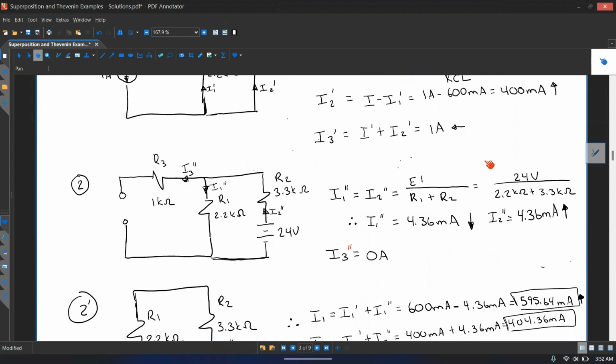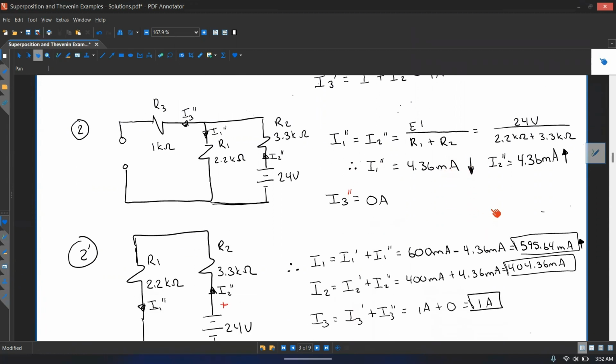Okay. And I1 double prime is 4.36 milliamps flowing down. So therefore, we're going to have to subtract. Basically, what you want to do is subtract the smaller current from the larger one.